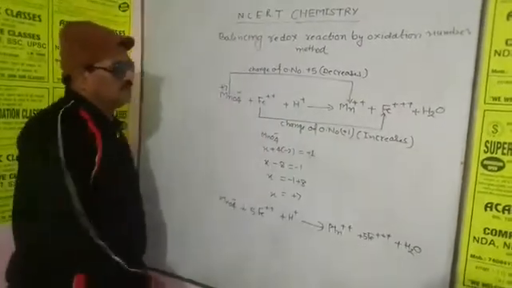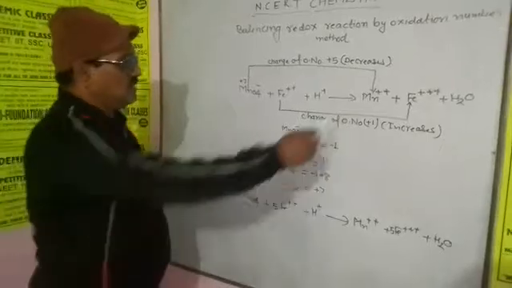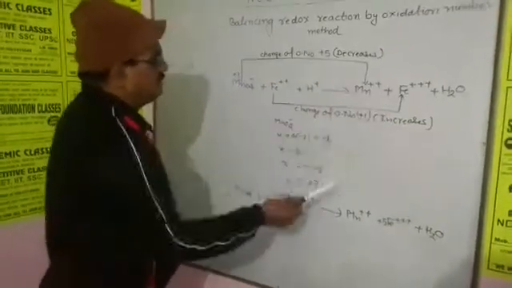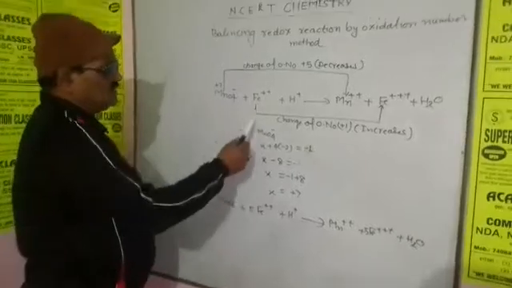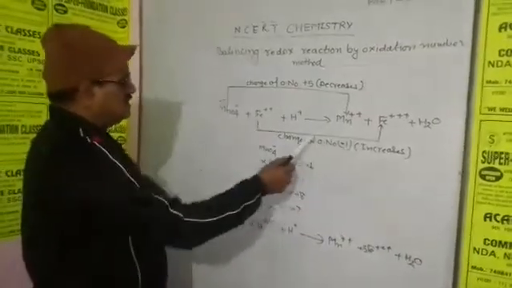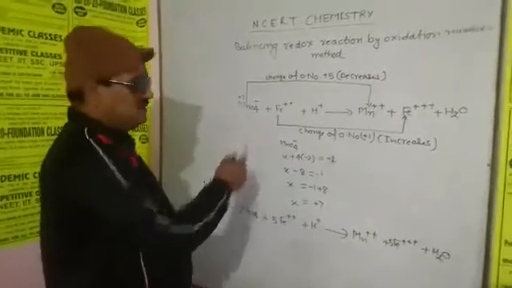Okay students, first you compare on both sides here. The decrease number is multiplied with the increasing component, and the increase number is multiplied with the decreasing component.